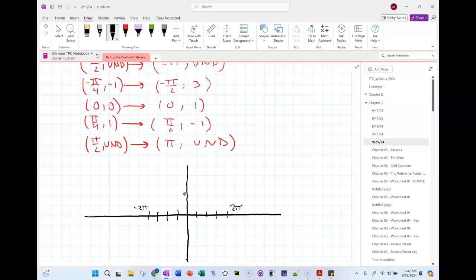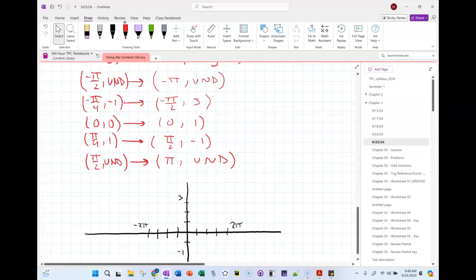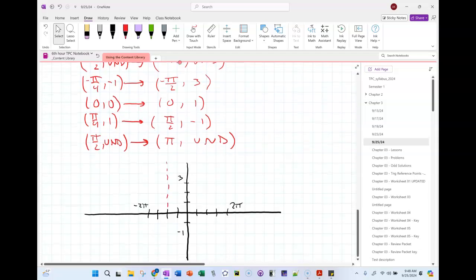And then if I wanted to draw my y-axis, I go from negative 1 to positive 3. So I think just going by ones there seems appropriate. Sound good? Okay. So when I draw my graph, I'm going to start by just drawing the asymptotes first. So I have negative pi is an asymptote.